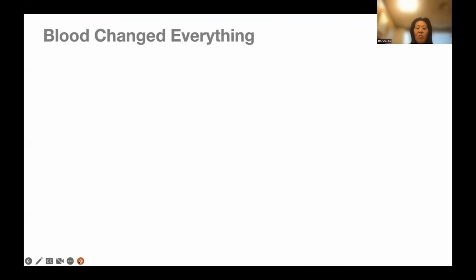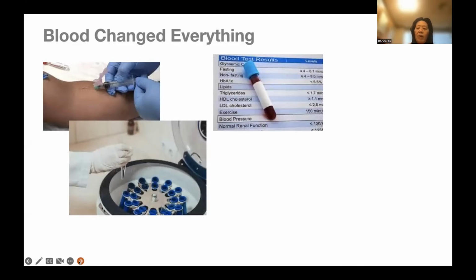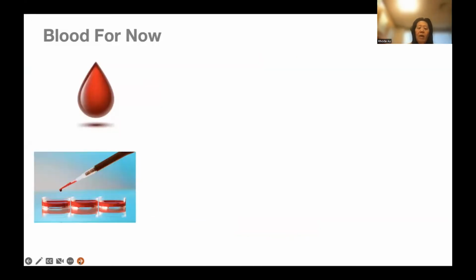I actually do want to go back and talk about blood, because blood has been changing much of how we think about things. The idea is that we can collect blood, process blood, and there are lots of things we can do with blood today, and then we store blood. Storing our blood has allowed us to keep pace with advances in science.